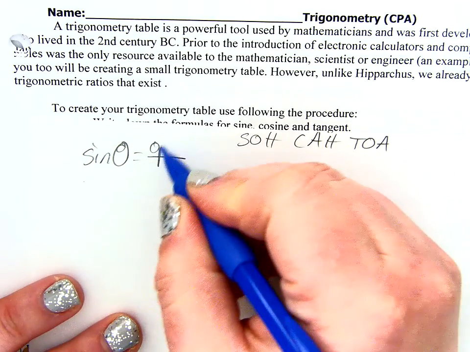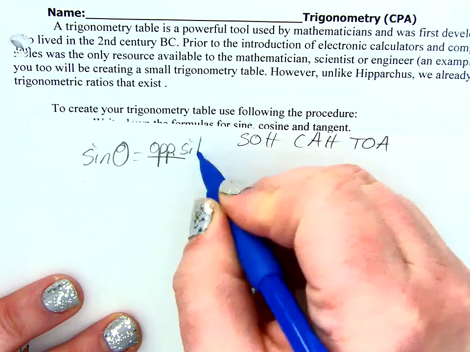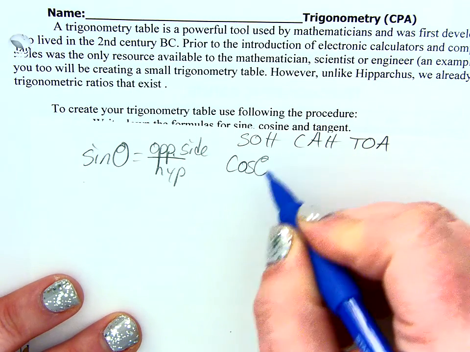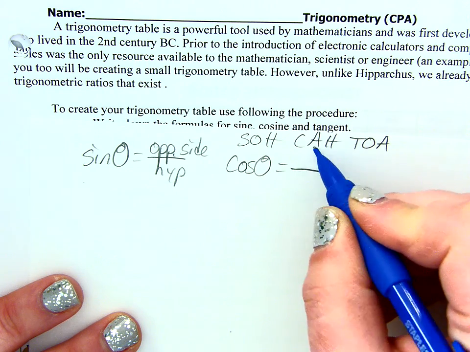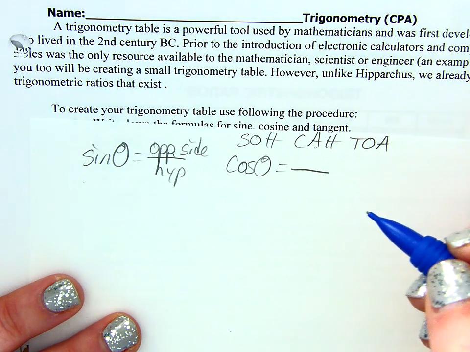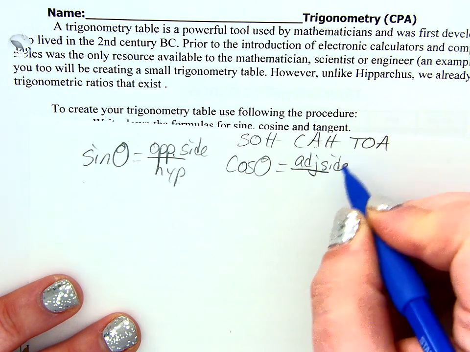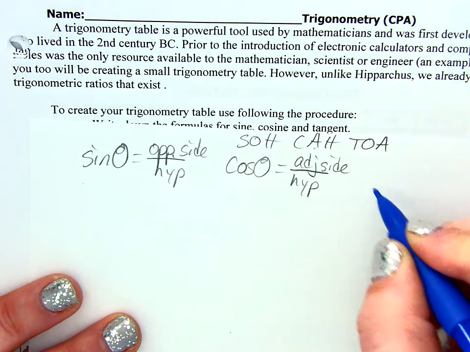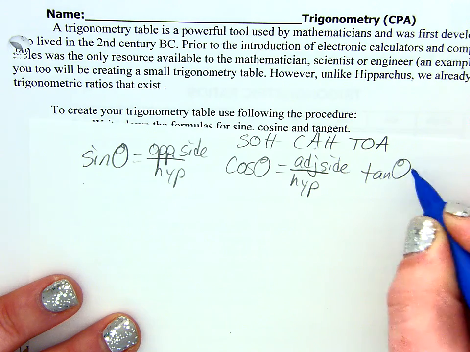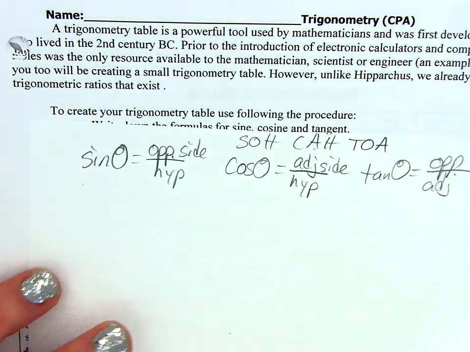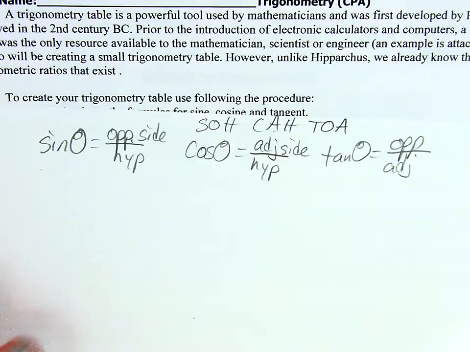Yes, opposite side over hypotenuse. Cosine was equal to, what's the A? Adjacent. The adjacent side over, again, the hypotenuse. And then tangent, of course, is opposite over adjacent. All right, so you need those three ratios, okay?